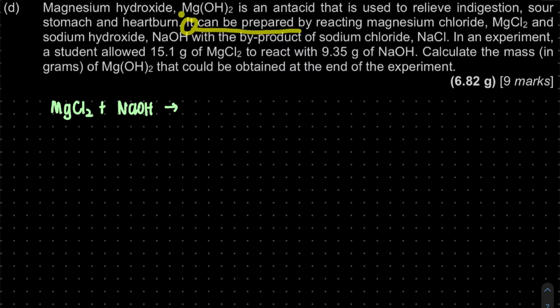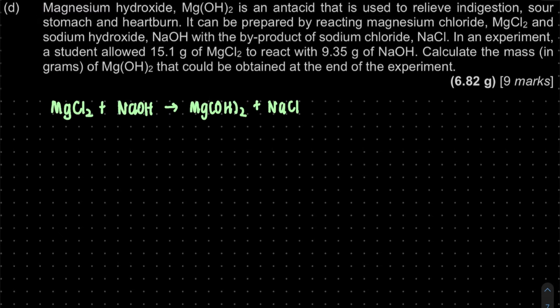This is actually our MgOH2, by reacting MgCl2 and NaOH. So we have to include MgOH2. Okay, and then here it mentioned the byproduct. So our sodium chloride or NaCl is actually one of our products. Okay, so I'm just going to write down here plus NaCl. It's quite a long statement, right?